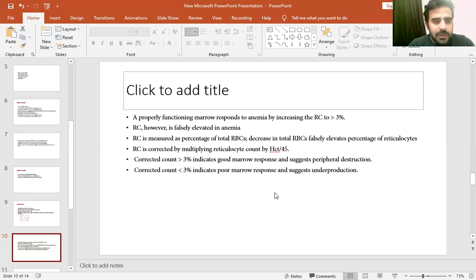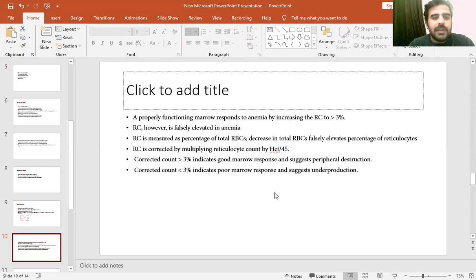So what we have discussed right now: reticulocytes are the young RBCs that are replacing the destroyed RBCs, so they depend upon the total number of RBC. In anemia, the RBC count is less. However, we cannot correlate the anemia with the reticulocyte count as they depend upon the count of RBC. So in anemia, there will be a false elevation.